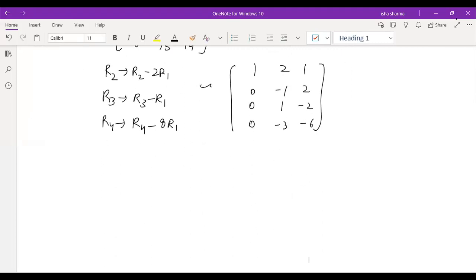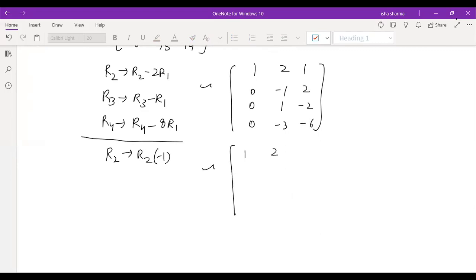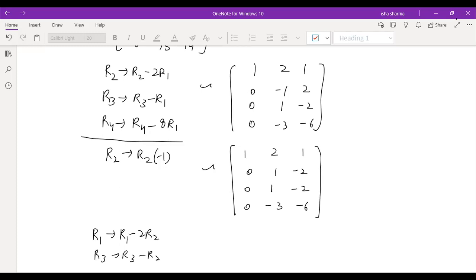And then I'm going to use the operation R2 changes to R2 times minus 1, and then we have R1 changes to R1 minus 2R2, R3 changes to R3 minus R2, and R4 changes to R4 plus 3R2.